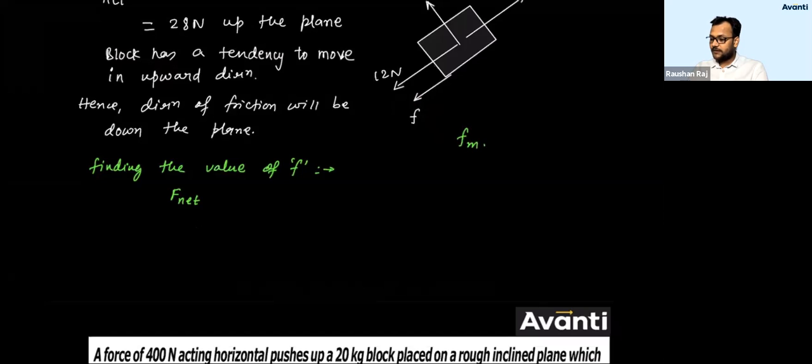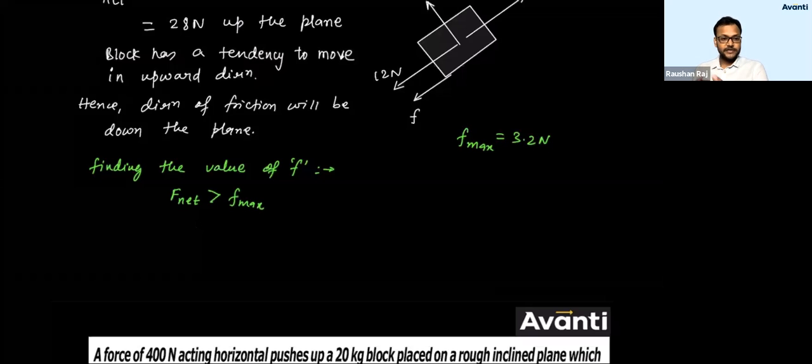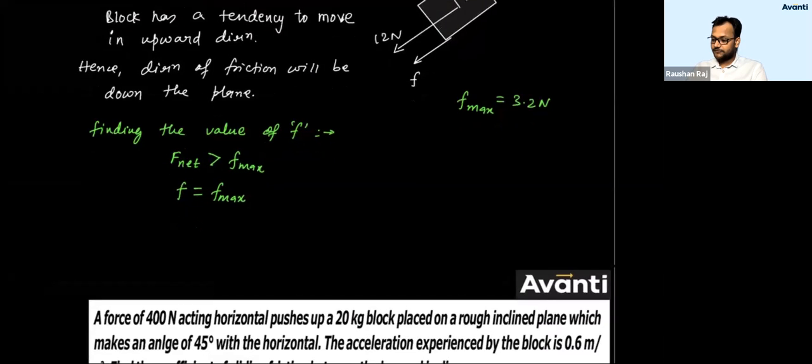What is the maximum value of F? 3.2 Newton. Can I say that? Net force or net external force is actually greater than F max. And what we know about this, if net external force is greater than F max, F will be equal to F max itself.